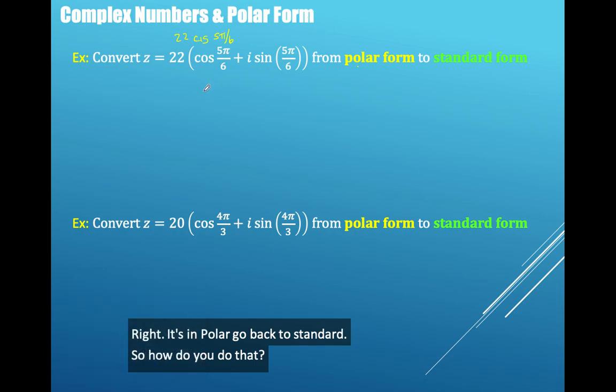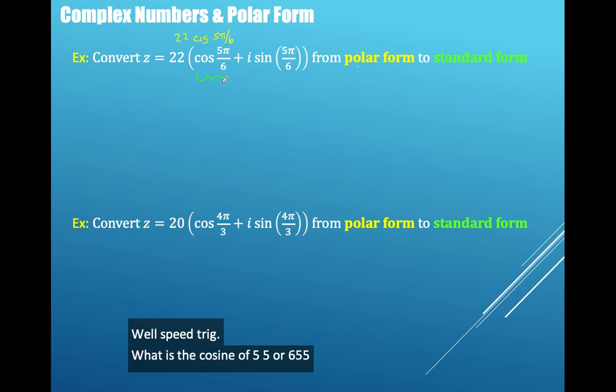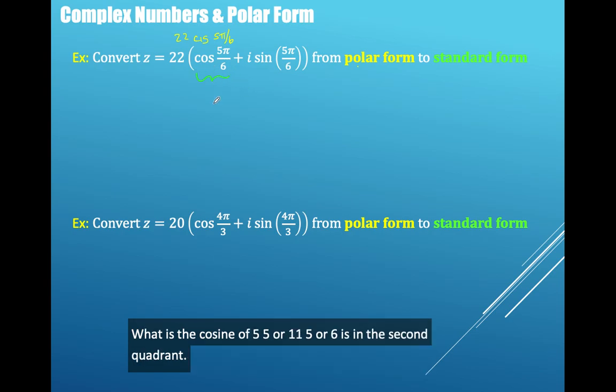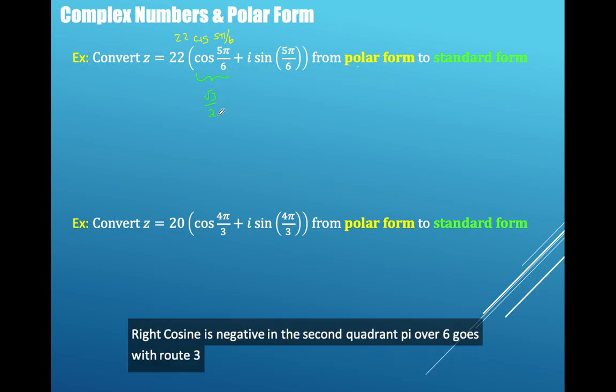Well, speed trig. What is the cosine of 5 pi over 6? 5 pi over 6 is in the second quadrant, right? Cosine is negative in the second quadrant. Pi over 6 goes with root 3. Cosine goes with root 3 over 2, negatized.